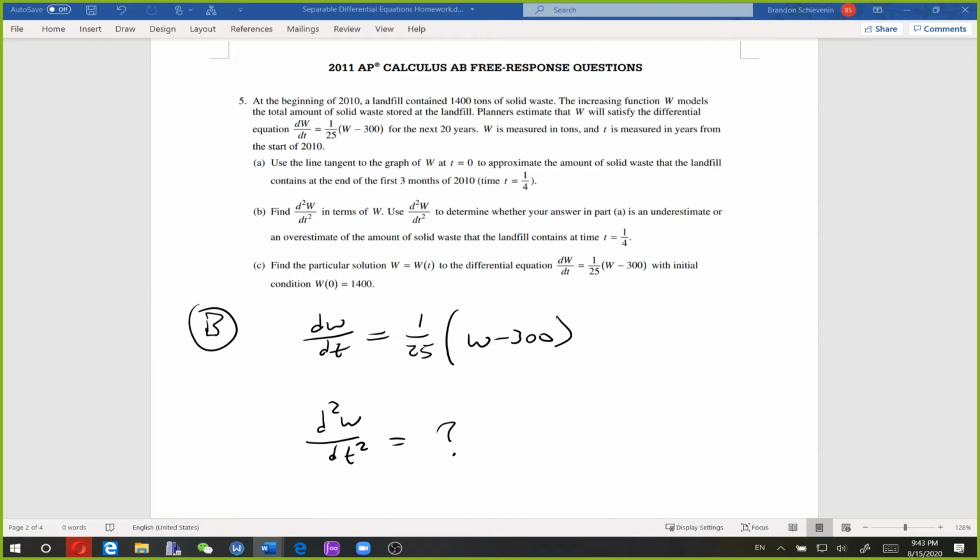Derive it one more time. Perfect. Let's derive this one more time.